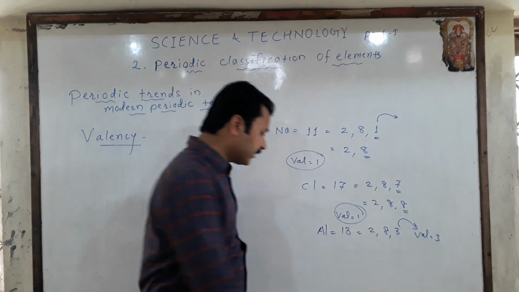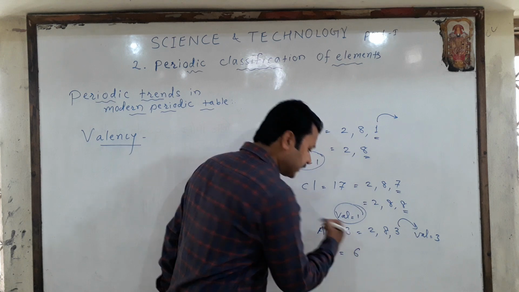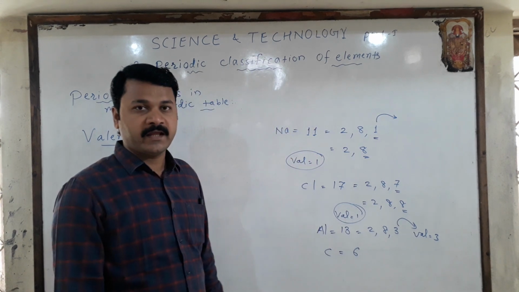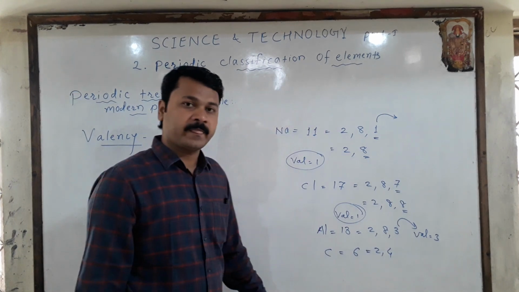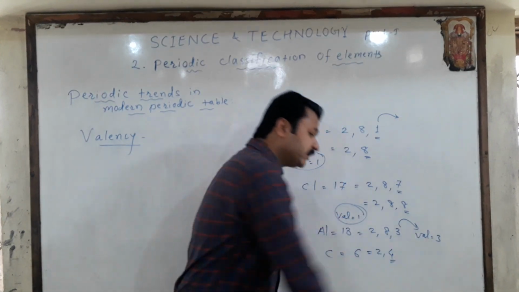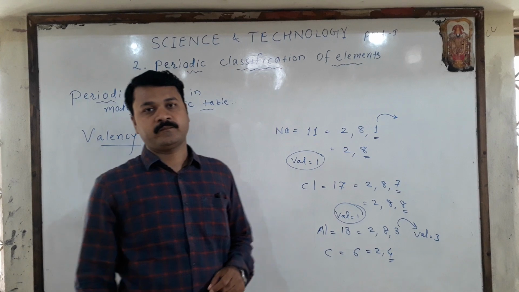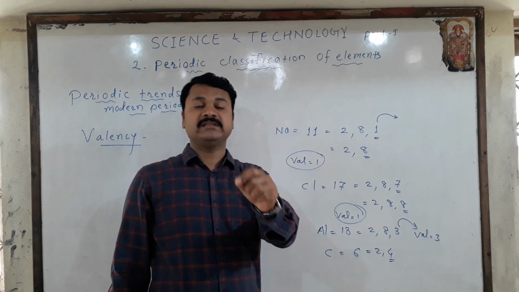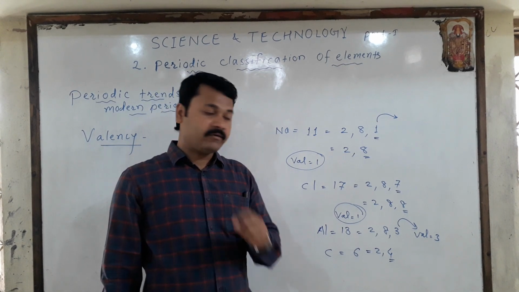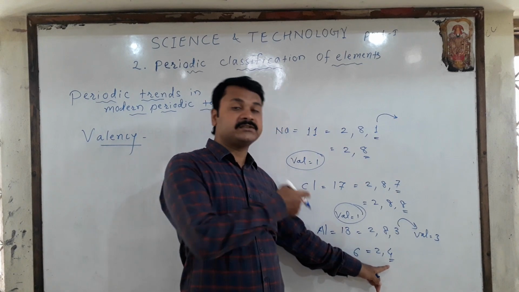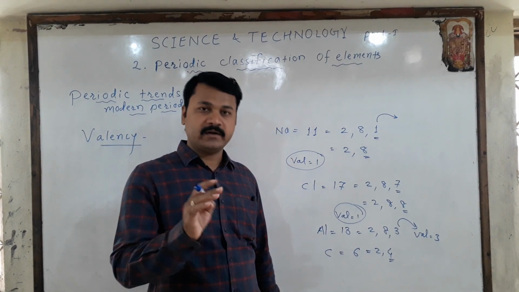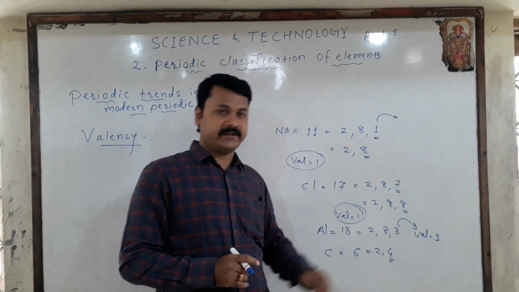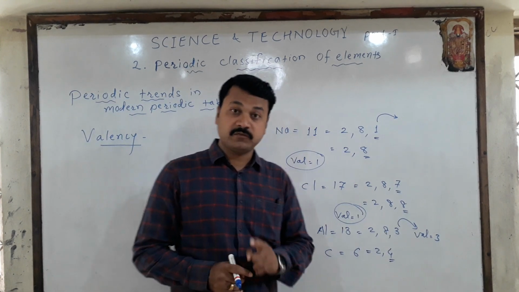Next example is carbon. Carbon has atomic number 6. Its electronic configuration is 2, 4. It has 4 electrons in its outermost shell. It has 4 valence electrons. It requires 4 electrons to complete its octet. So carbon shares 4 electrons to complete its octet.